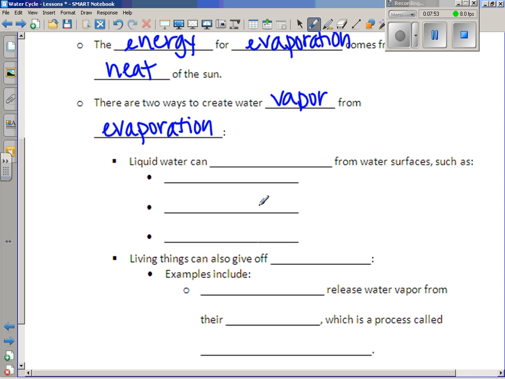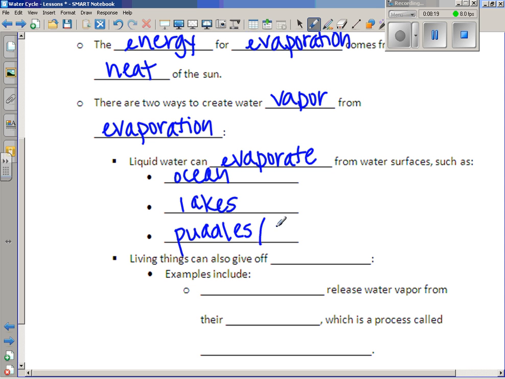First, liquid water can evaporate from water surfaces, like the surface of the ocean, the surface of lakes, or the surface of puddles or even ponds. And the second way is through living things, because living things can give off water.